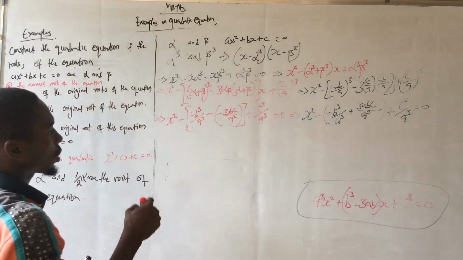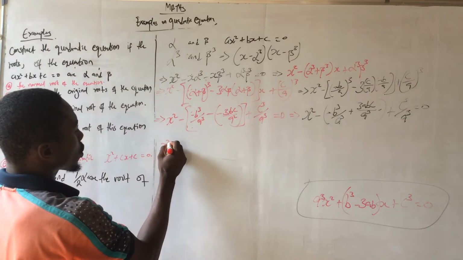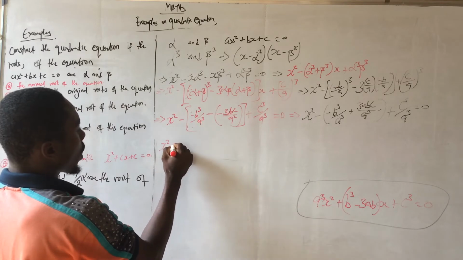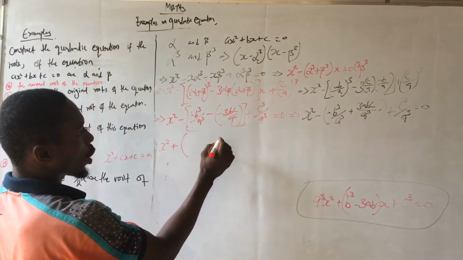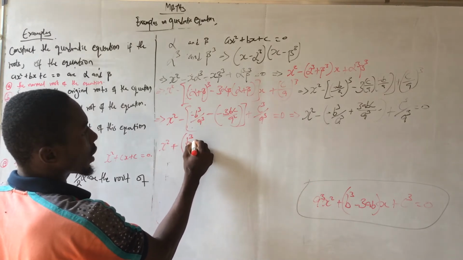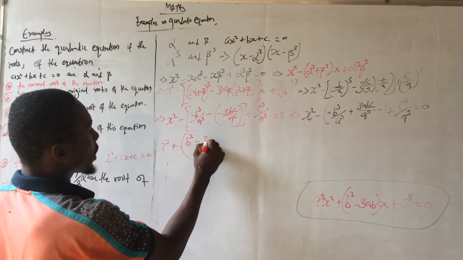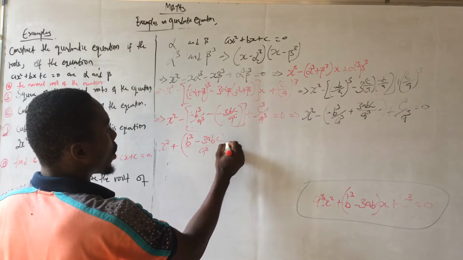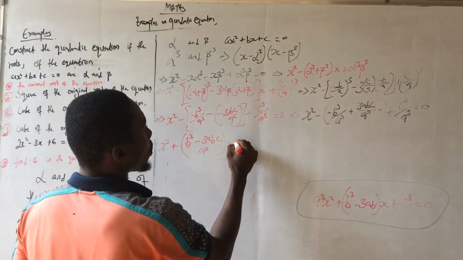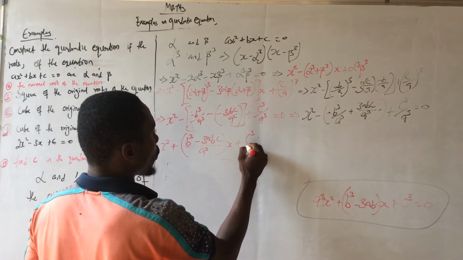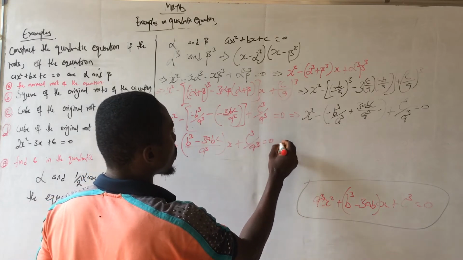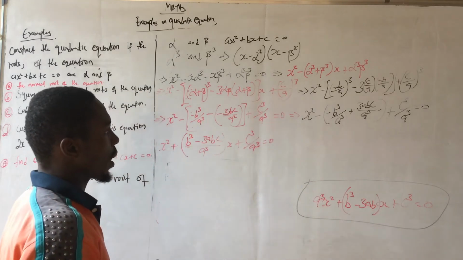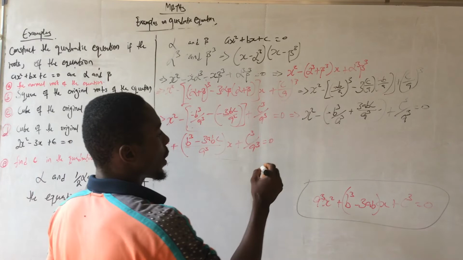So we continue by saying x squared, then plus bracket open b raised to the power 3 minus 3abc over a cube, all times x, plus c cube over a cube equal to 0. So we can now beautify this by multiplying all through by a cube.